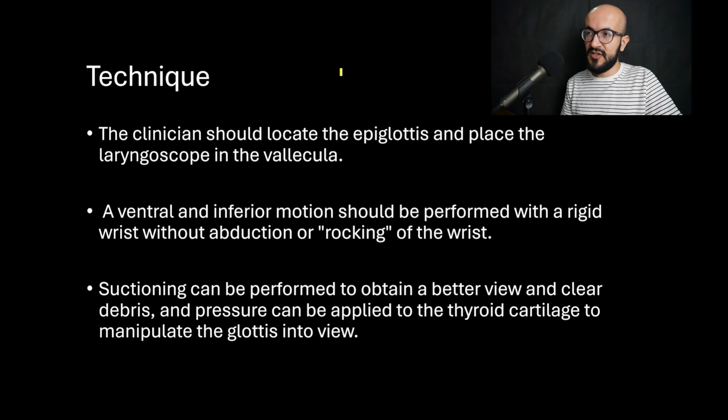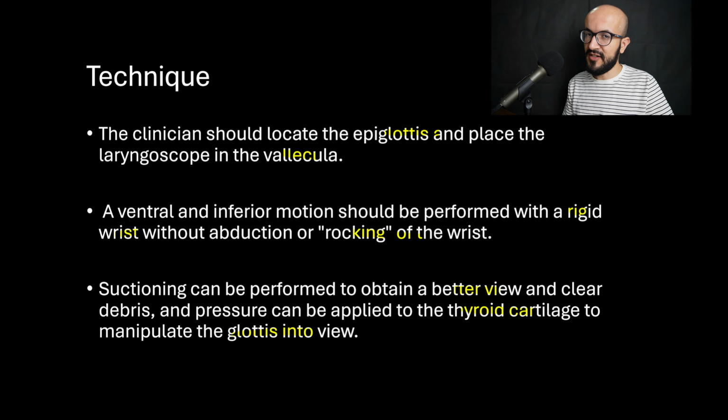Then the clinician should locate the epiglottis and place the laryngoscope in the vallecula, and a ventral and inferior motion should be performed with a rigid wrist without abduction or rocking of the wrist. Suctioning can be performed to obtain a better view and clear the debris, and external pressure can be applied to the thyroid cartilage to manipulate the glottis into view.